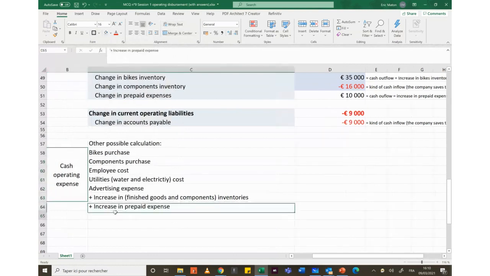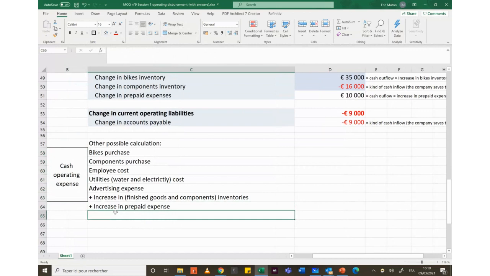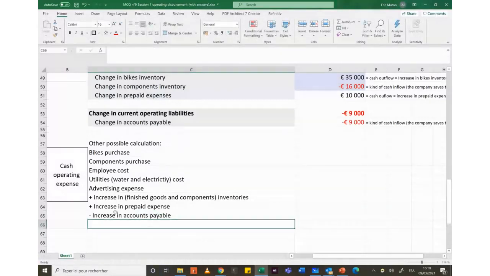After I need the increase in prepaid expense, and I need minus the increase in accounts payable. And again, I will have the total operating disbursement.